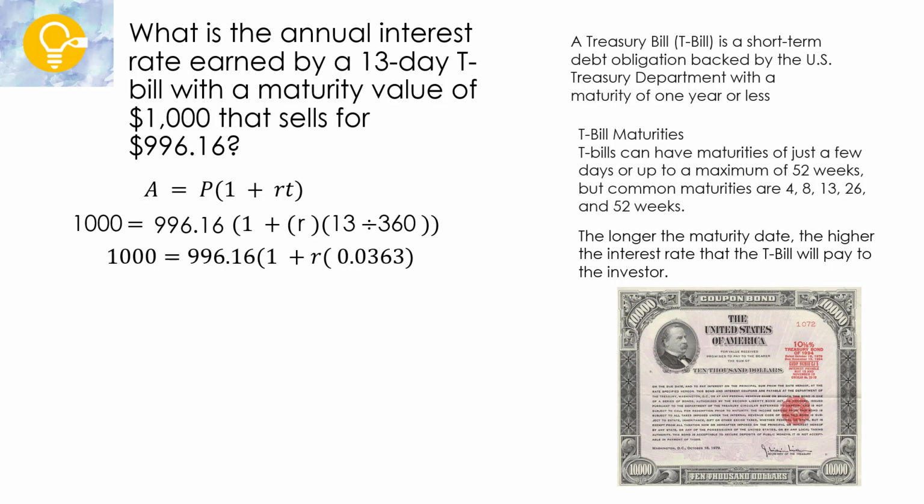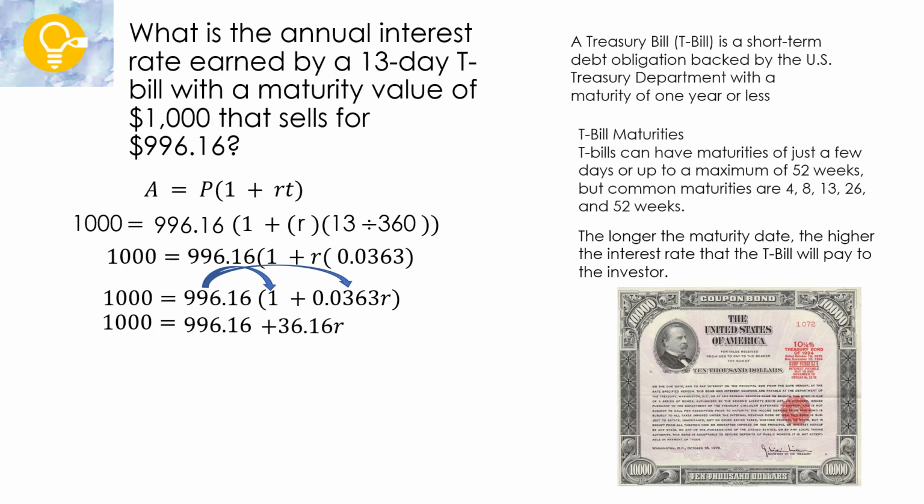Now we're going to use the distributive property. So I'm going to take $996.16 times 1, which is $996.16, and $996.16 times that. That gives us 36.16 R. We need to get R by itself, so I'm going to subtract $996.16.